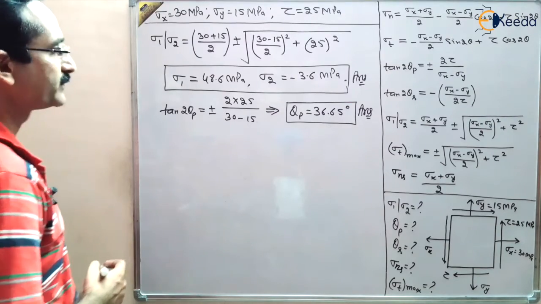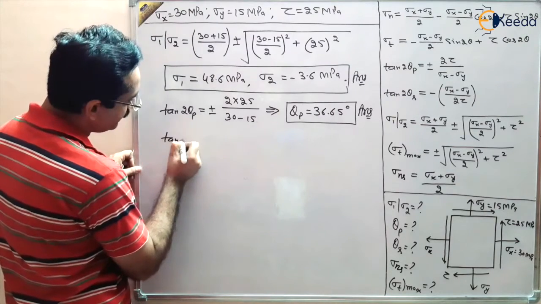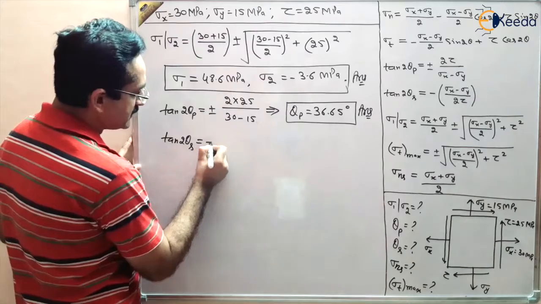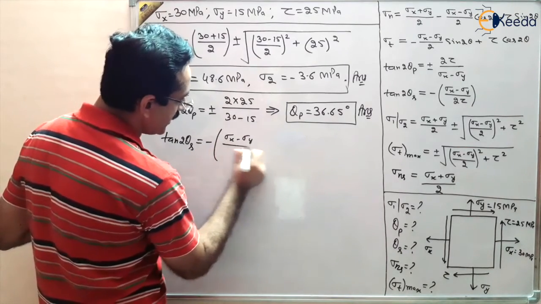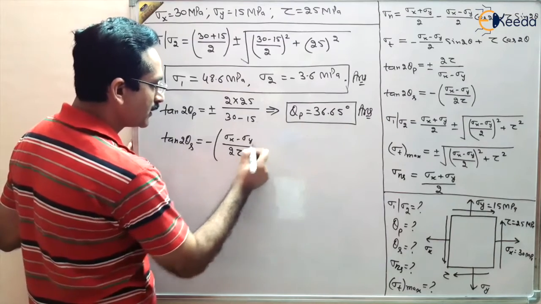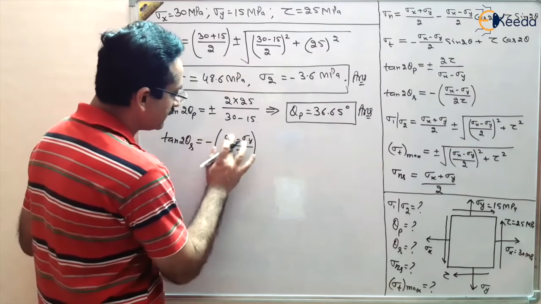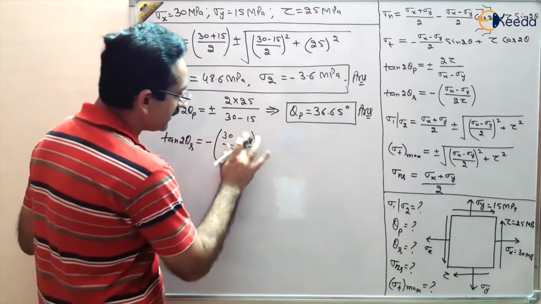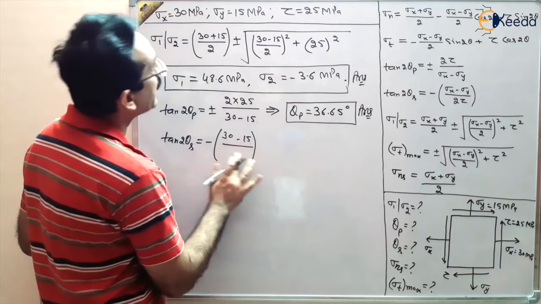Theta s: we know tan 2 theta s is given by minus sigma x minus sigma y by 2 tau. So this will be equal to, the value of sigma x is 30, the value of sigma y is 15, and 2 times tau, so 2 times 25.